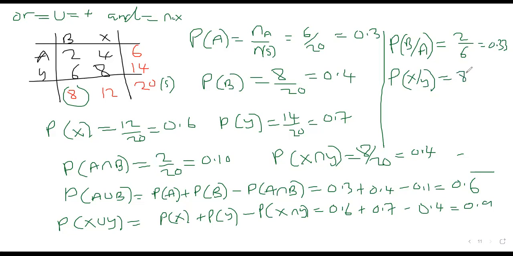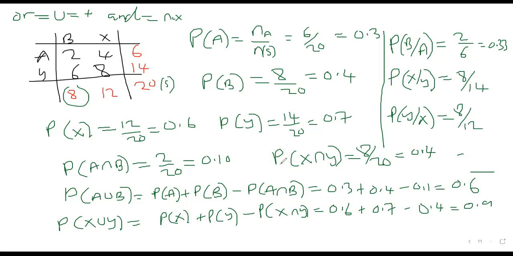Meet at 8. But the total for what? Total for Y, 14. 14. Correct. How about Y given X? 8 over what? 12. 12, correct.